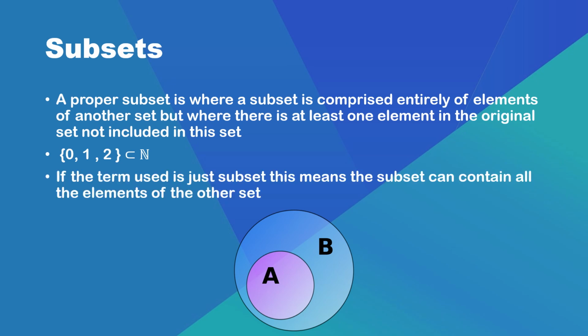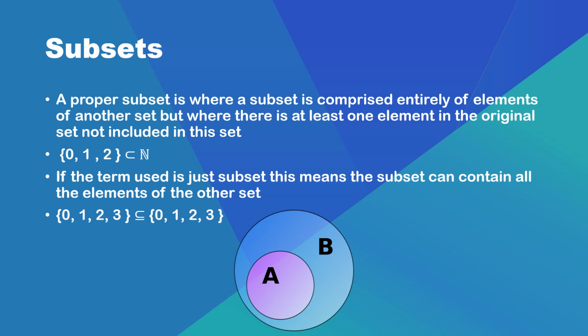If the term used is just subset rather than proper subset, this means that the subset can contain all the elements of the other set. This is why the symbol includes a straight line to indicate that it could be a subset or equal to the other set.